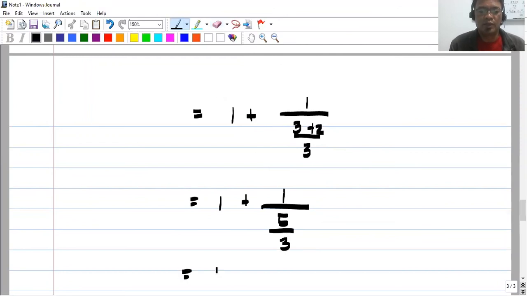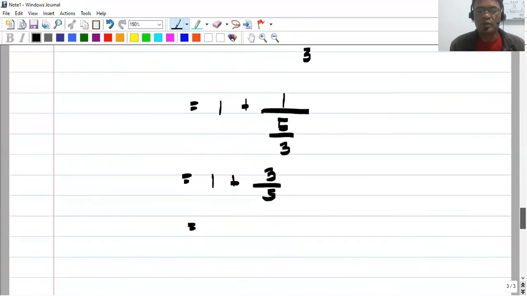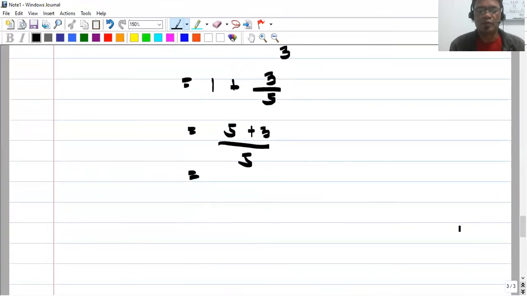And therefore, we have 1 plus 3/5. Simplifying our 1 plus 3/5 would be (5 plus 3) over 5, or we have the final answer, which is 8 over 5.